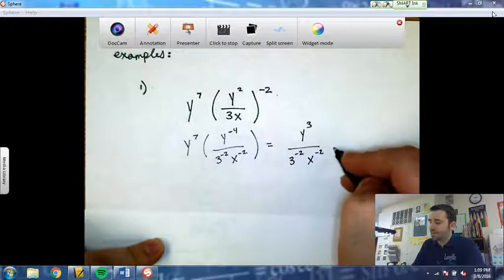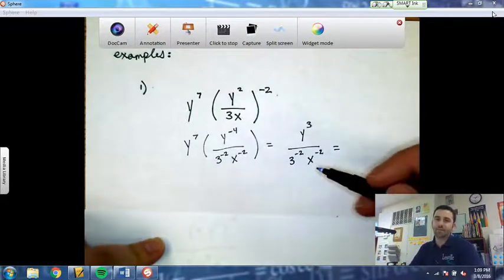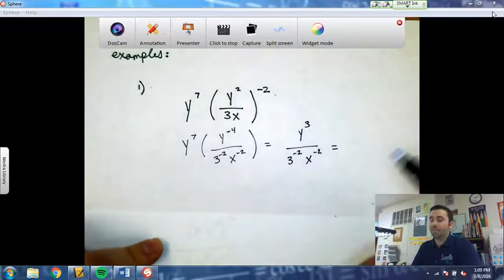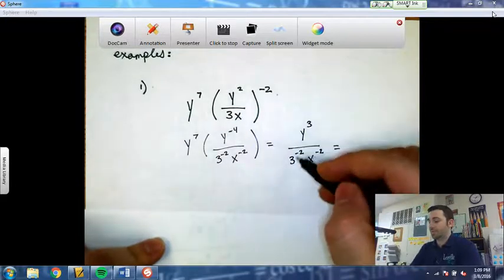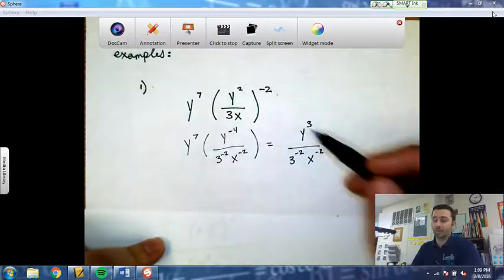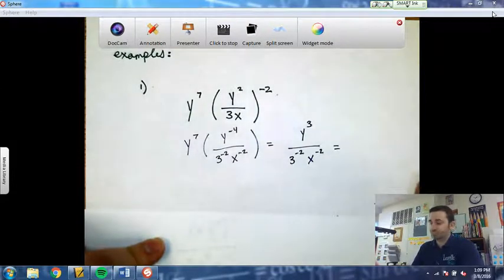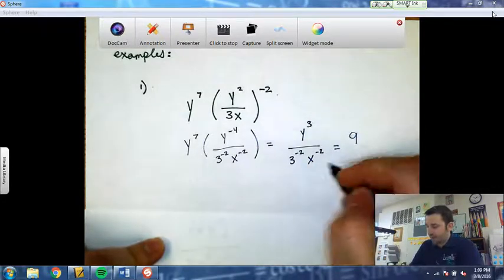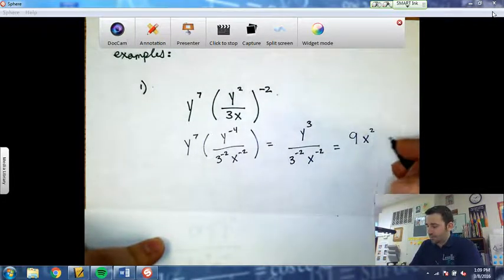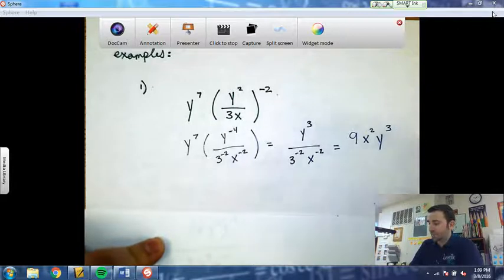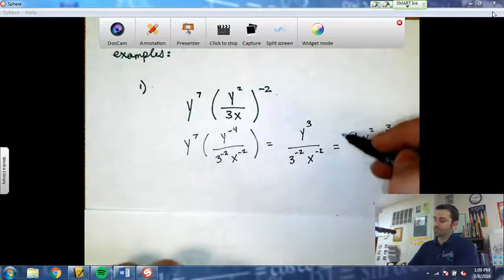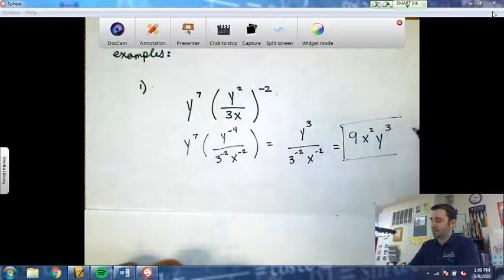And then simplify. Since I have negative exponents in the denominator, I would essentially take the reciprocal. So if this is 1 over 3 to the second, it's now going to be 3 raised to the second, which is just 9. So I have 9 to the second, y to the third, as my simplified expression.